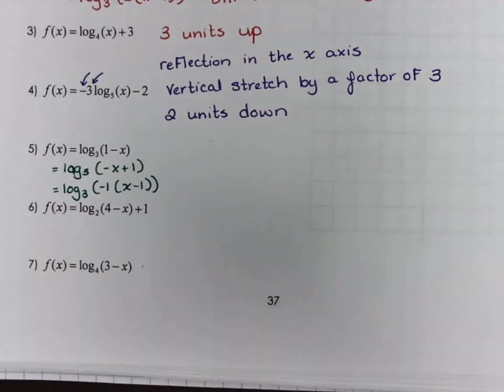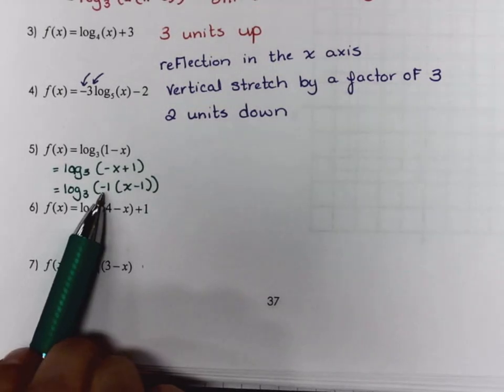So you need to be able to do that. If something is attached to the x, if it's not just a positive x, then there's something you have to common factor out. So this is going to be a reflection where? Yeah.